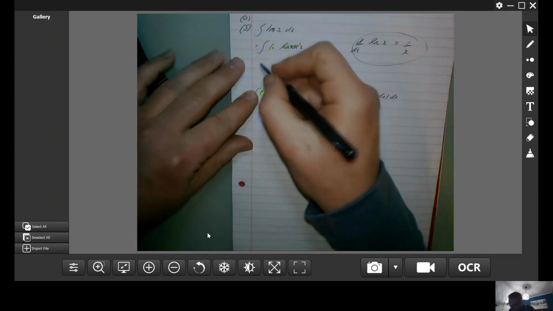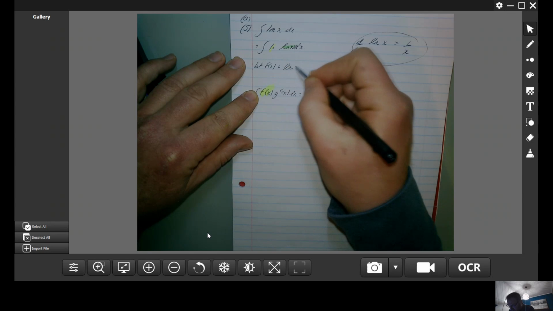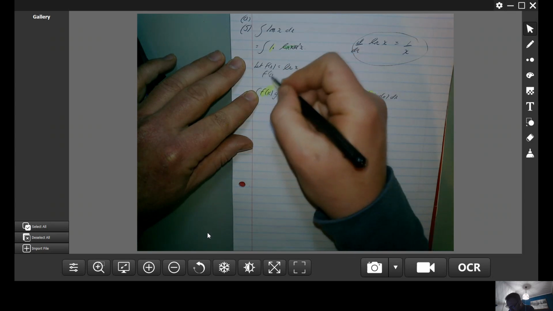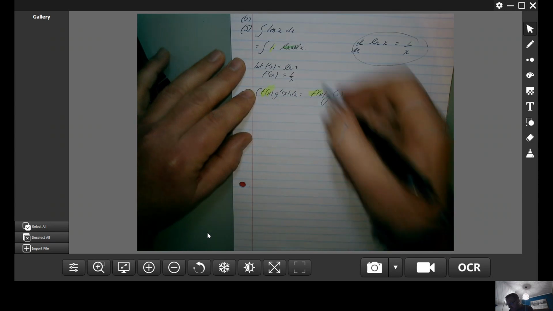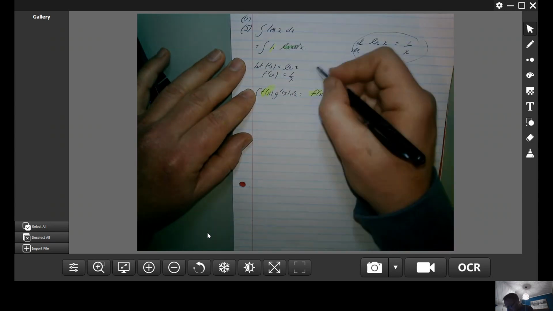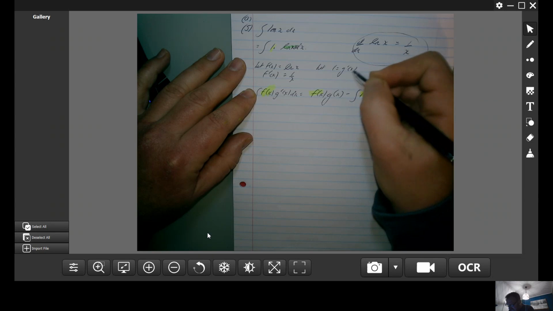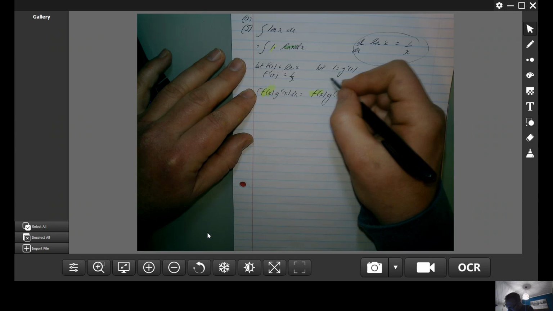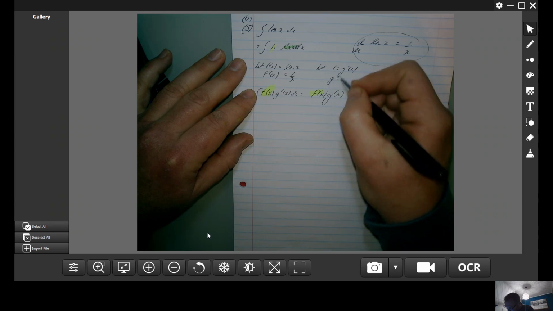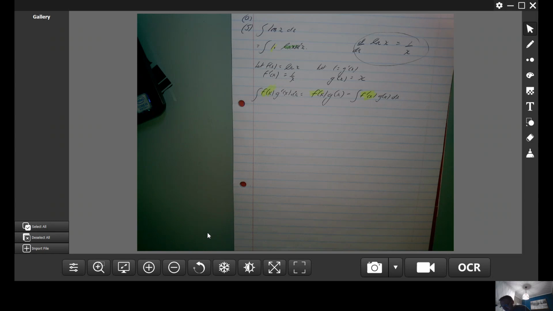So if I let f of x be equal to ln x, f dashed x is equal to 1 over x, which means the other bit, in this case 1, must be equal to g dashed of x, which if I integrate that, I get g of x is equal to the integral of 1, which is x. Right, go try to do it by yourself.